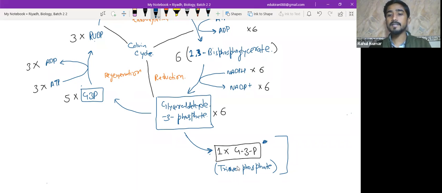We just have to finish one last step to make glucose, and then I will teach you how to break glucose inside the cell. Till now we have utilized energy, NADPH, sunlight, water, CO2, and we have made food. So tomorrow I'll teach you what we do with that food.